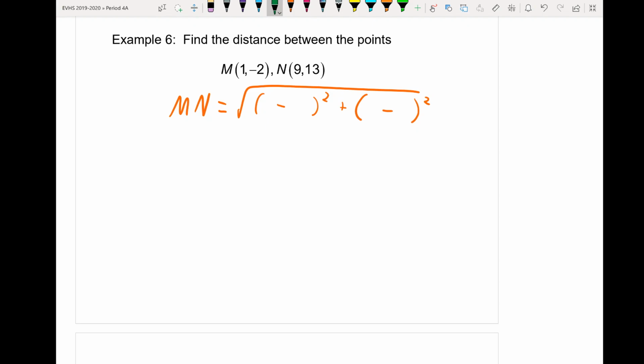Okay, x2 minus x1. x2 is 9, x1 is 1, because we have x1, y1, x2, y2. And then y2 minus y1 is 13 minus negative 2.